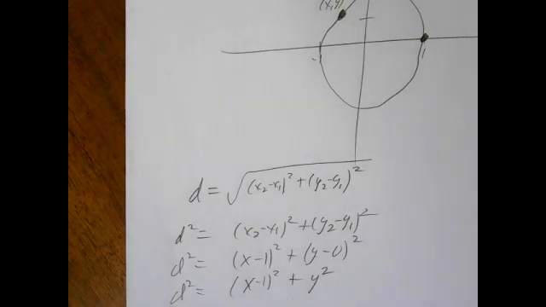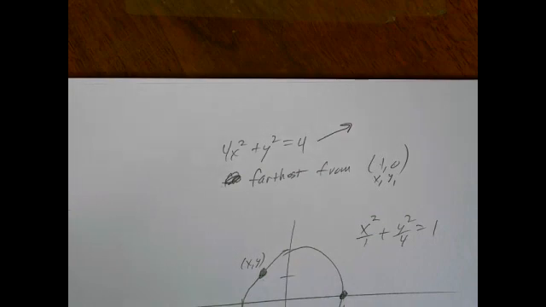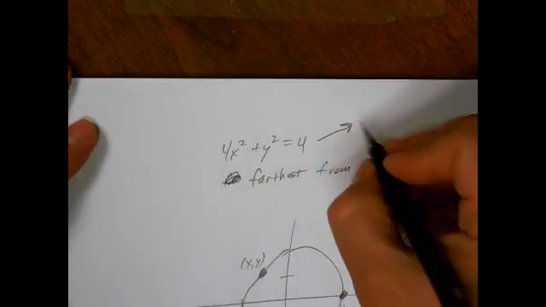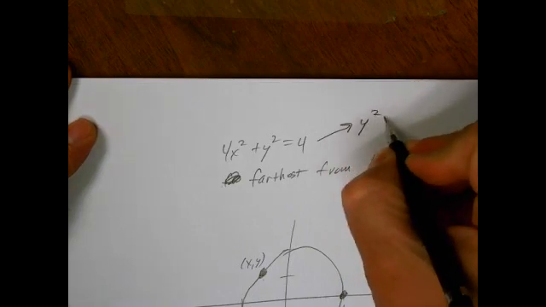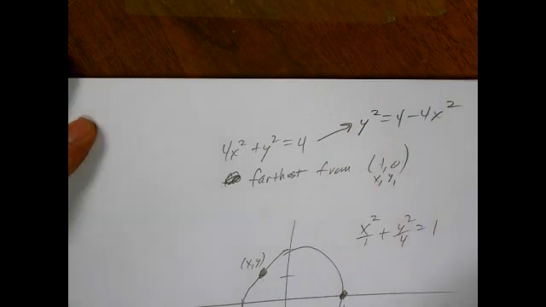All right? So this is the function that we need to maximize. But it's got too many variables in it. It's got an x, and it's got some y's in it too. Can't have that. So we go back up here and we say, well, if you look at the ellipse in the form they originally gave it to you, this can easily be rewritten into y squared equals 4 minus 4x squared.